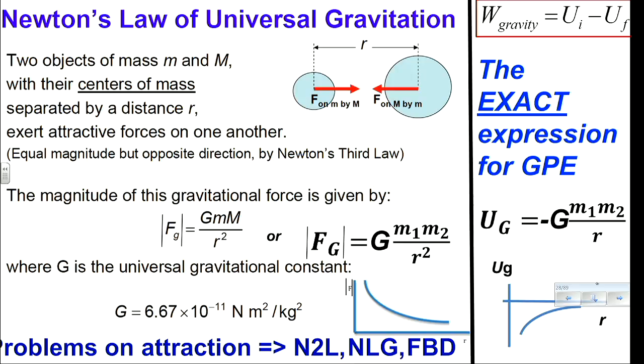The equation we used to use, mgh, for potential energy, works only when we are close to the surface. That wasn't the exact expression for calculating gravitational potential energy. This is the exact expression, which works for any situation. Same constant, product of two masses, but the difference between energy and force: first, a minus here, and second, no square, just distance.